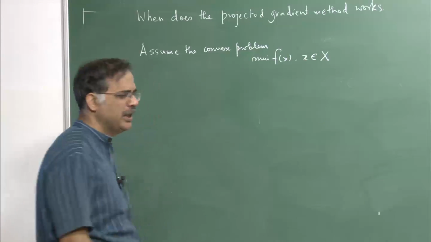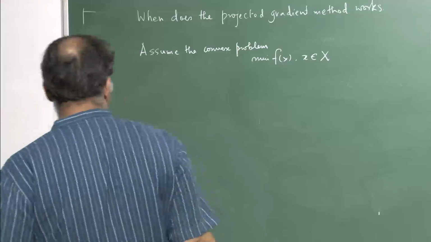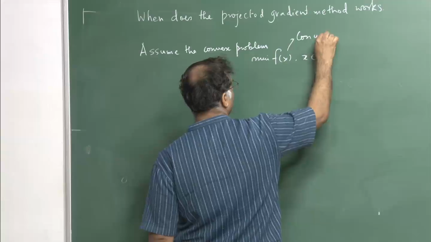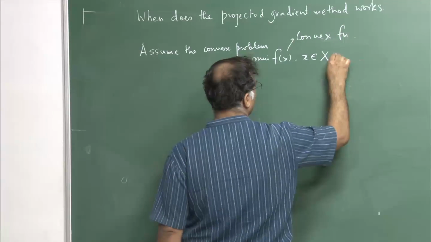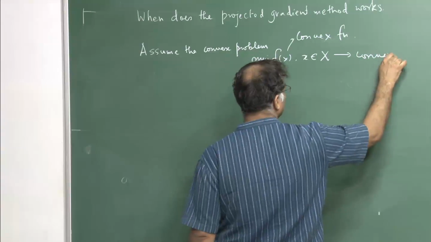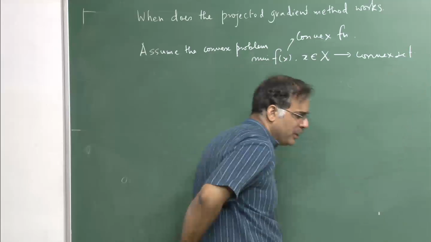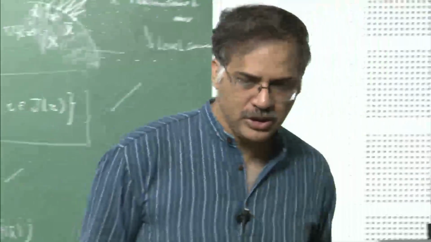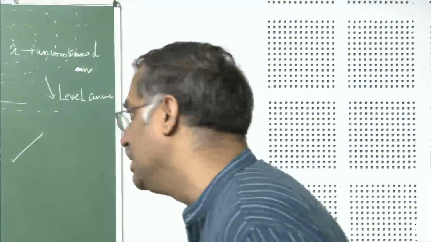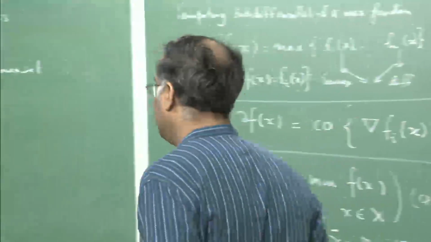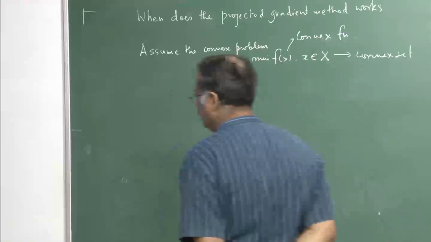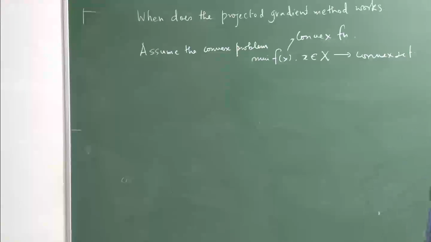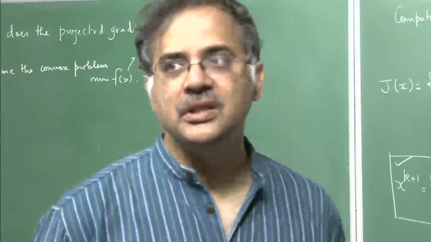Here f is a convex function and X is a convex set. In fact, I think I should repeat, because this is not really a convex optimization course. So, this is a convex function and this is a convex set. Now, I will assume that the function is of type C^{1,1}, in the sense that the gradient function of f, which is a vector function from R^n to R^n, is a Lipschitz function.